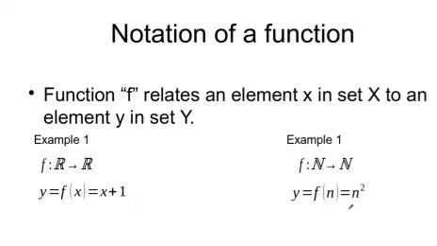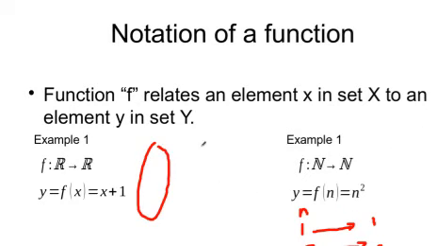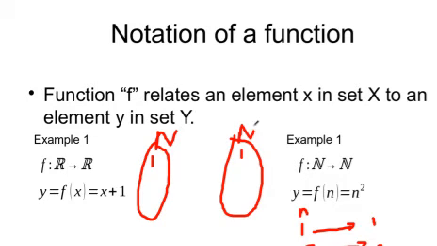Let's say n equals 1 is mapped to 1, 2 is mapped to 4, right? Let me represent this here like this. 1 is mapped to 1, so this is set N, again set N, and here 2 is mapped to 4.